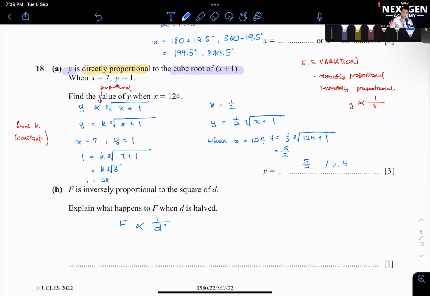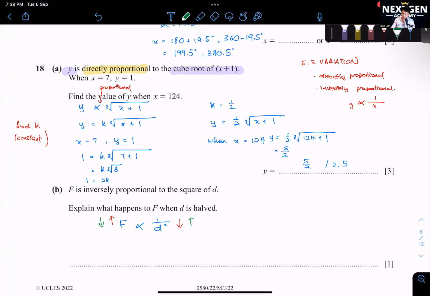Inversely proportional means if one increases, the other will decrease. So if F increases, d will decrease. Vice versa, if F decreases, d will increase. So basically it will always be in the opposite direction, because they don't like each other.